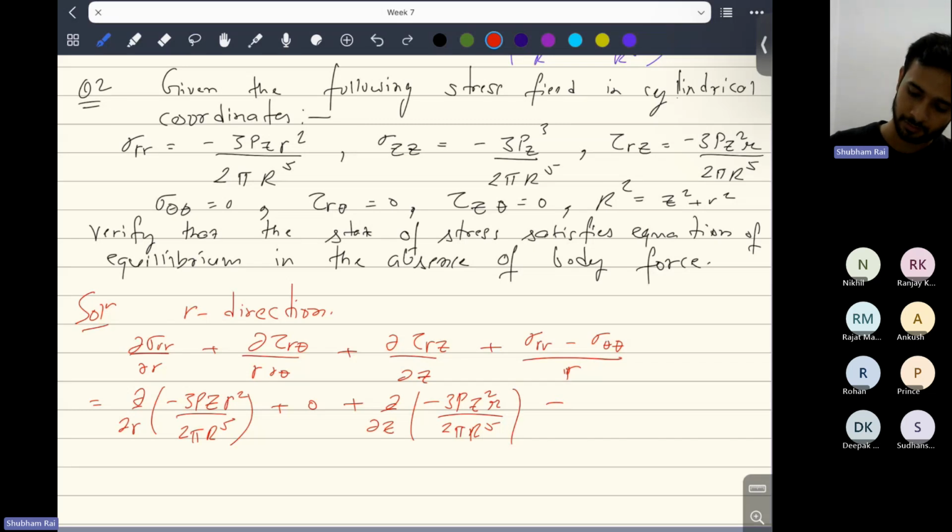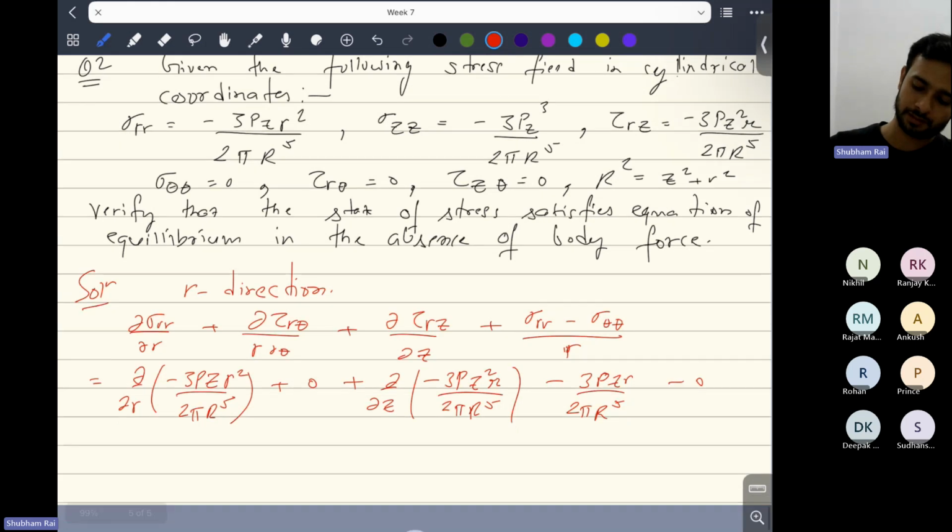So if you do that, you get minus of 3p z r over 2 pi R to the power 5. Then you have minus of sigma theta theta by r, which is 0. Okay. We have to prove that this whole term is 0.